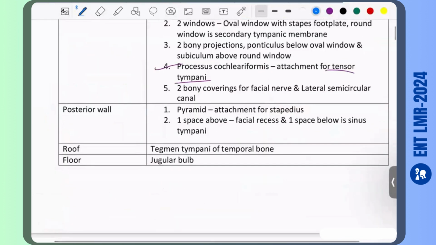So the next is the posterior wall. In the posterior wall, we have an important bony projection called the pyramid. The pyramid is an attachment for stapedius tendon.